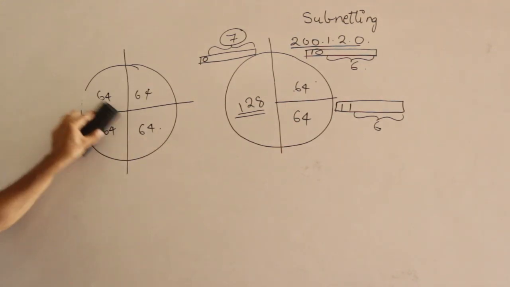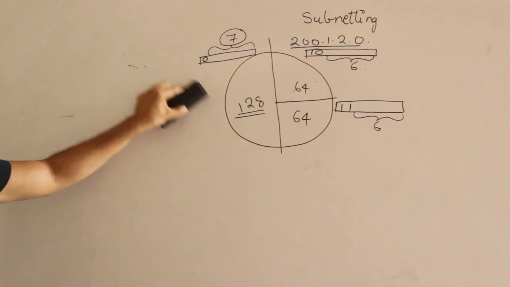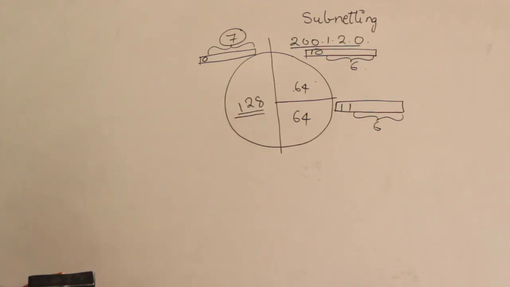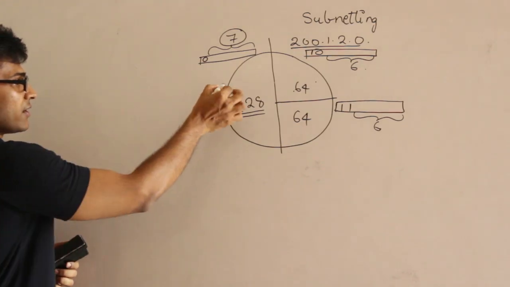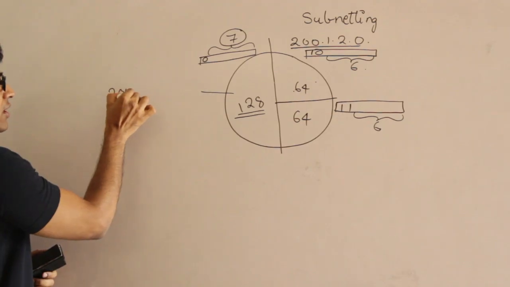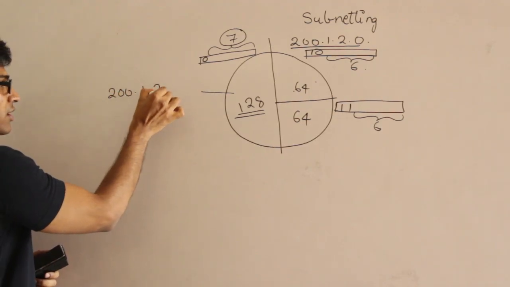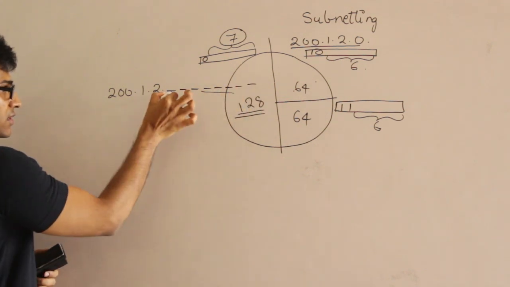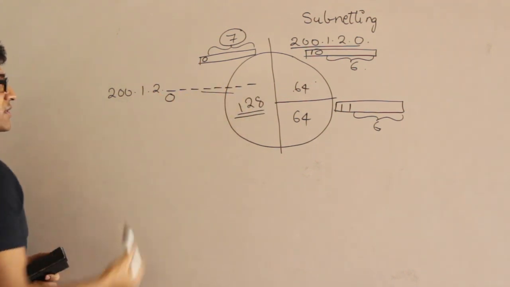So if you follow this method, what is the subnet ID of this subnet? Subnet ID is always the first IP address, right? So in this subnet, if you see, it is going to be 200.1.2. The first bit is going to be 0. The first bit you have already fixed as 0.